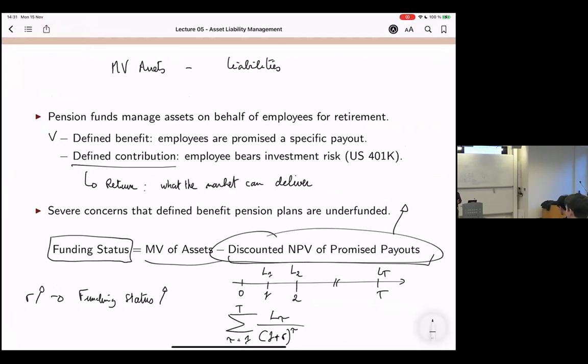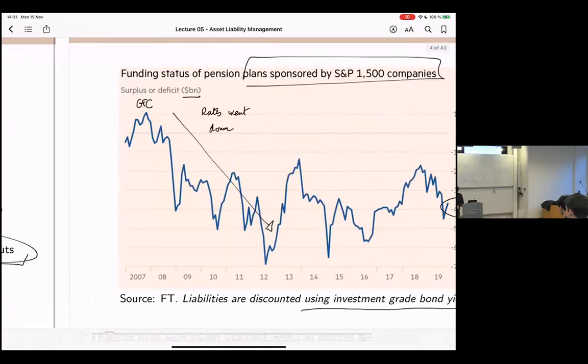It kind of makes sense, because assuming that you discount your liabilities at a higher rate is the same thing as saying I'm going to get a higher return on my assets, right? Today, my assets are worth 1 billion. I'm going to get a return of 8% on these assets. So it kind of makes sense that I discount my liabilities at 8%, right? So let's say the logic of it can kind of make sense.